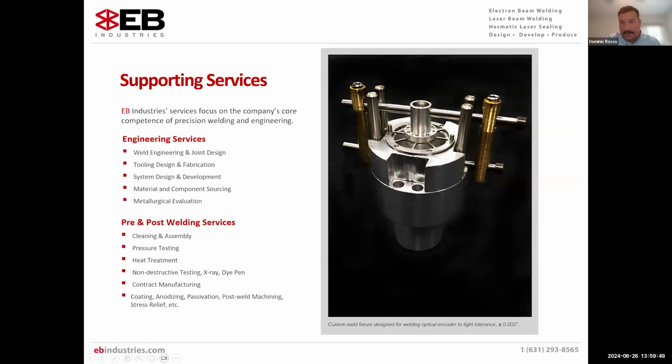I see a question popping up. Laser beam quality and spot size have come a long way and provide similar results to EB in some cases. I agree with that. What advantage does EB still offer relative to laser? This question pops up quite a bit, especially during my pre-engineering consulting calls, about which process is better suited for their particular applications. My answer is always the same.